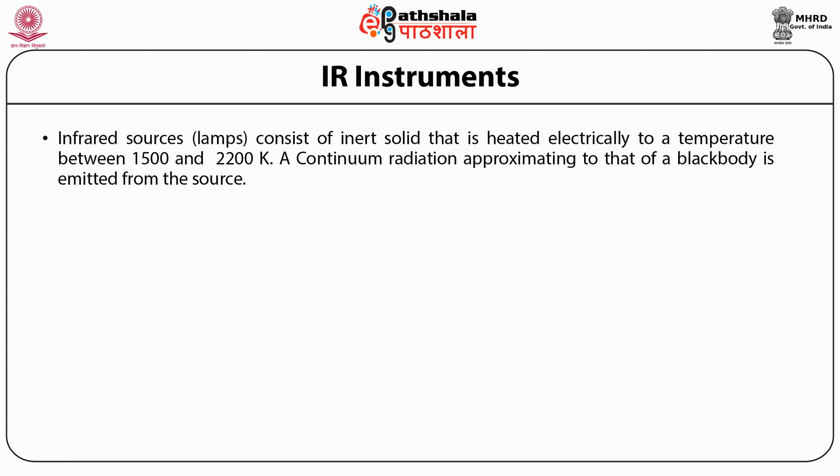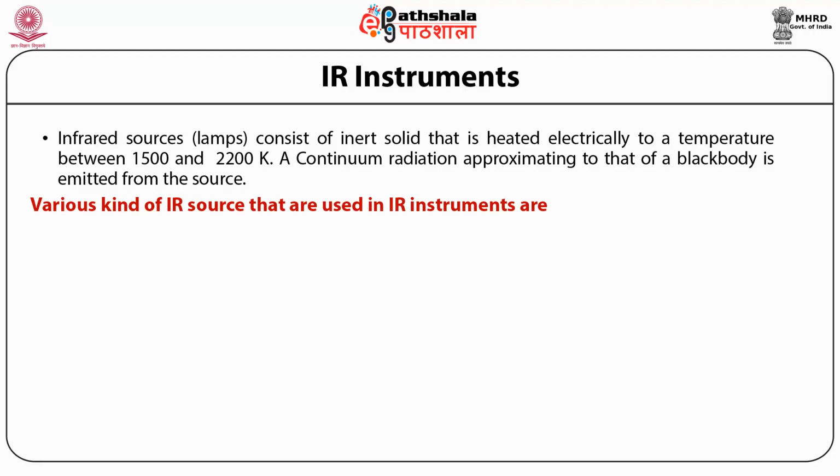Infrared sources, that is lamps, consist of an inert solid that is heated electrically to a temperature between 1500 and 2200 Kelvin. A continuum radiation approximating that of a black body is emitted from the source.